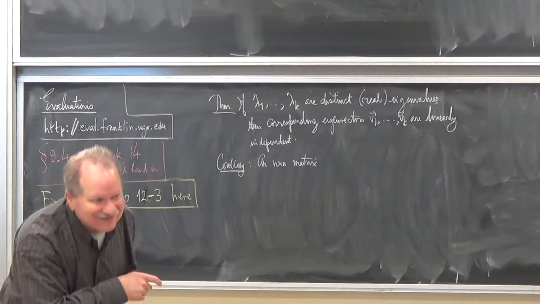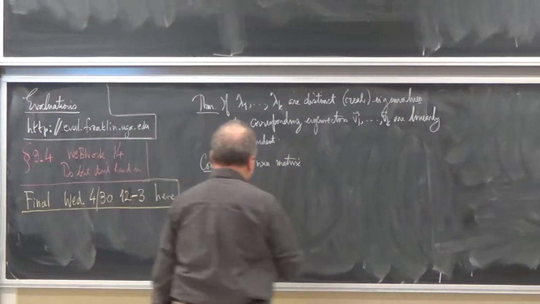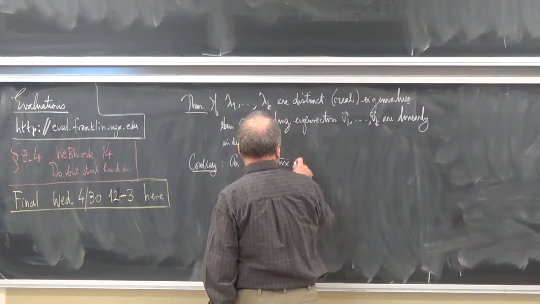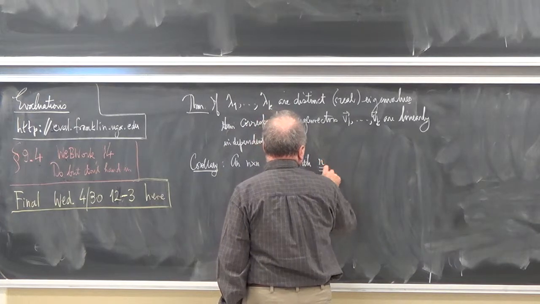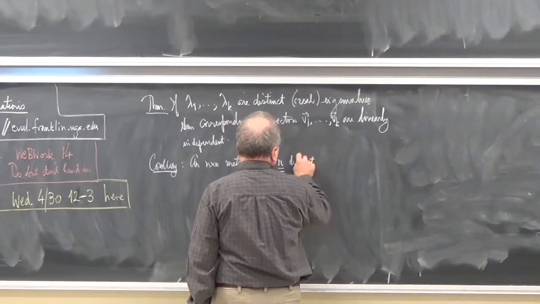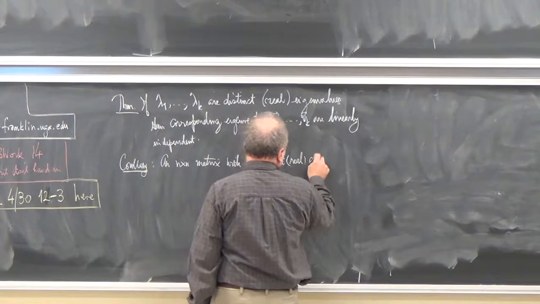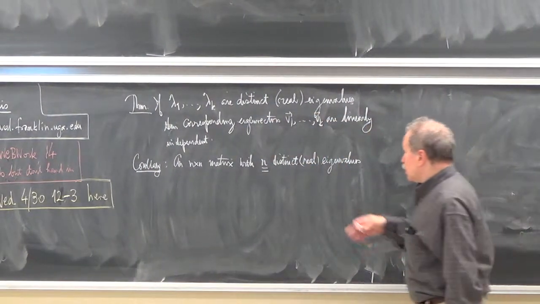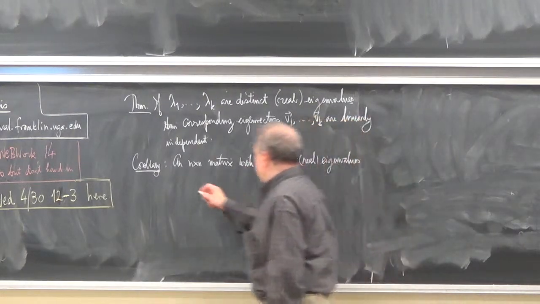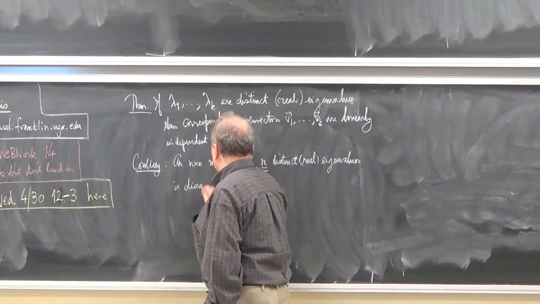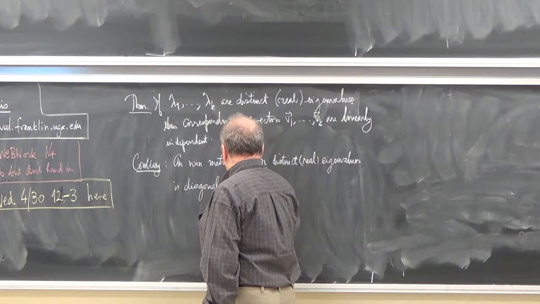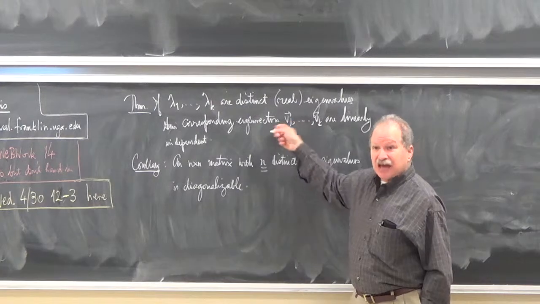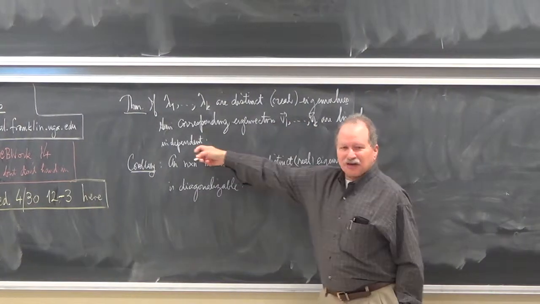Diagonalizability. There you go. An n by n matrix with n distinct real eigenvalues is diagonalizable because you'll have corresponding eigenvectors, n of them, that will be linearly independent. I keep putting the real in because we have mentioned complex and we're going to come back to that.